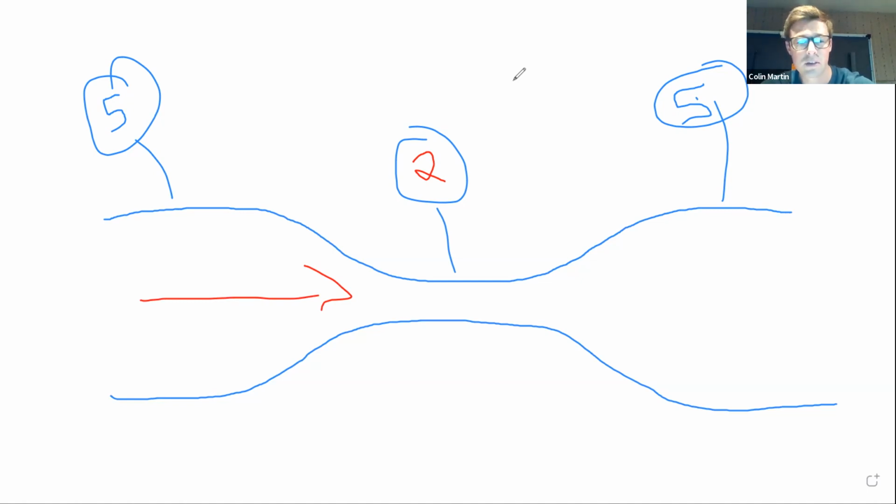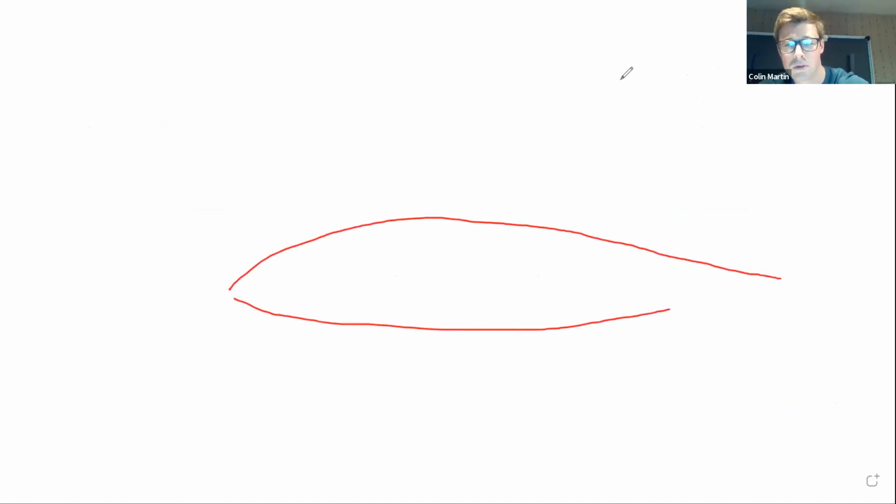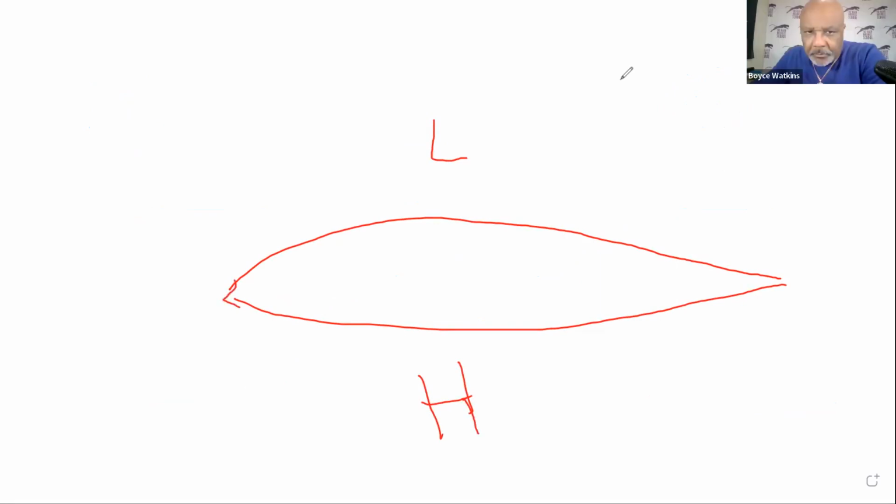It helped me remember it a little better if you look at the venturi tube. It looks kind of like a bad wing, but it still looks like a wing a little bit. So if we have our wing, we have the area of low pressure on top and the area of high pressure on the bottom. Okay.